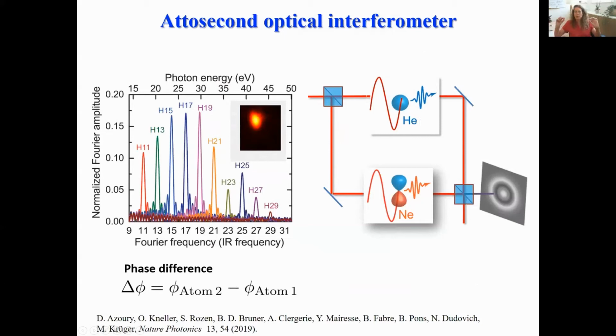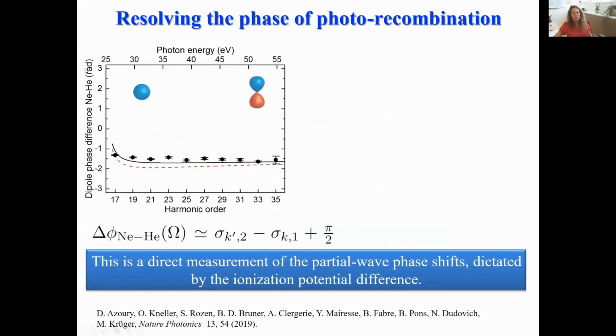So what we interfere here are two photorecombination events that can be considered as two photoionization events. And here is the phase as a function of harmonic order. And what we can see is that the phase itself is almost flat, which means that there are no delays here. RABBIT cannot extract any time delay associated with photoionization.